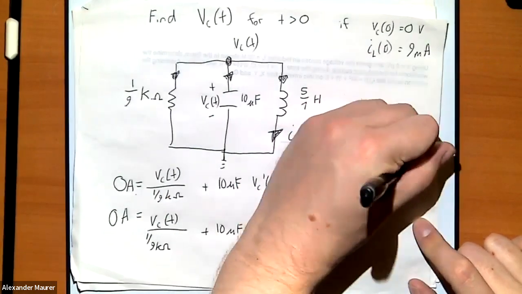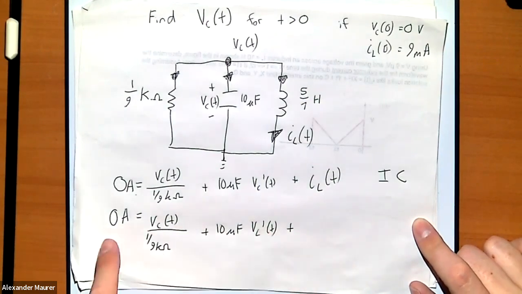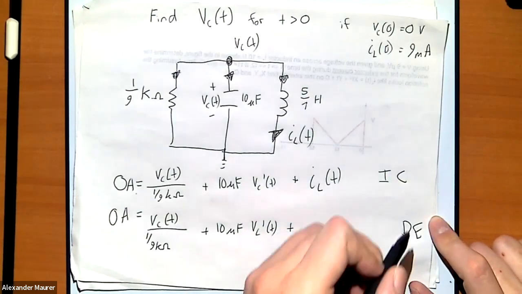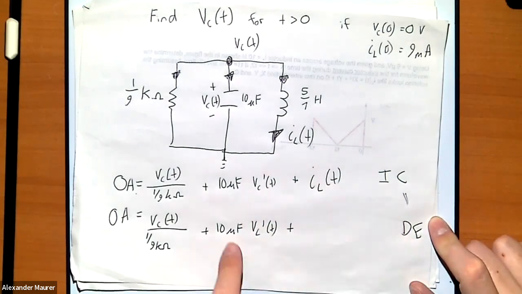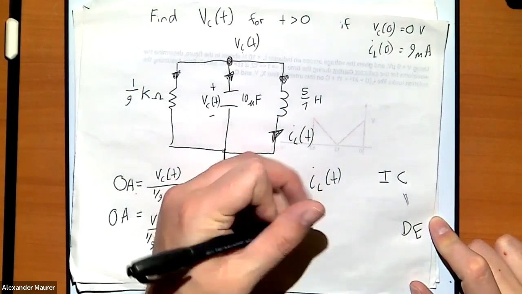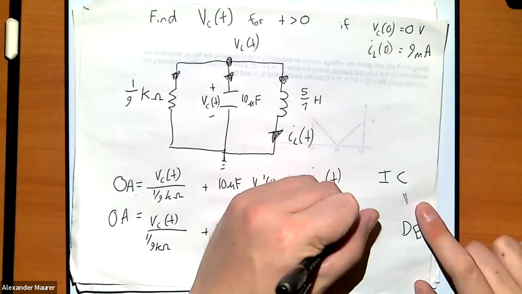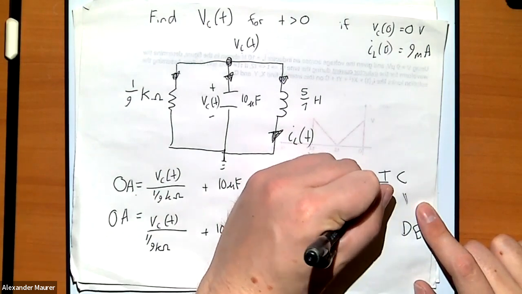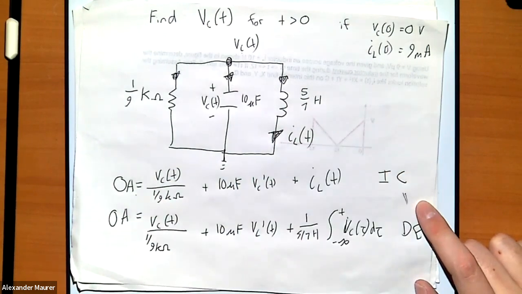This is going to be our initial conditions equation to help us out. And then in this version, we're about to set up the differential equation version. These are the same equation, just written 2 different ways. For the differential equation version, we write IL in terms of VC. That's going to be 1 over 5/7 henries times the integral from negative infinity to t of VC of tau d tau.